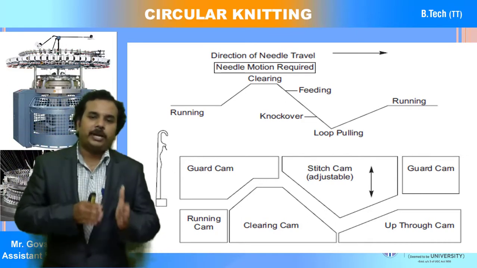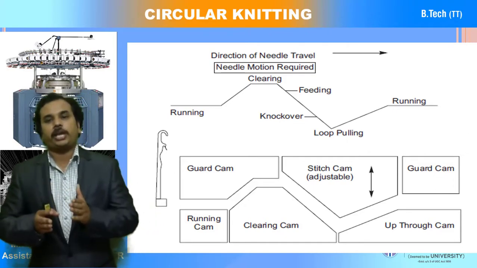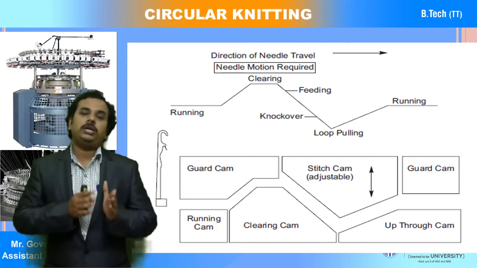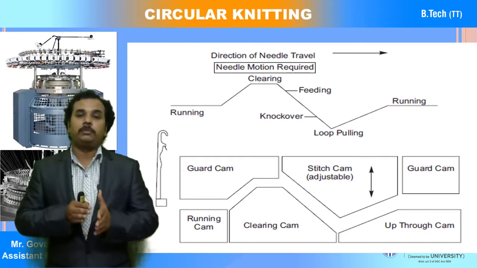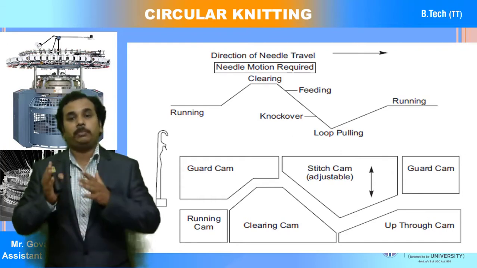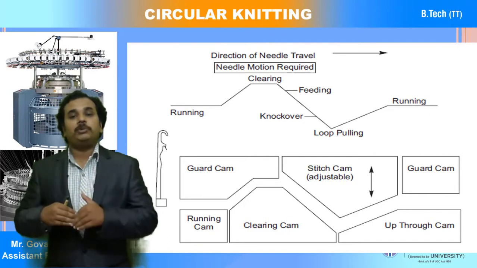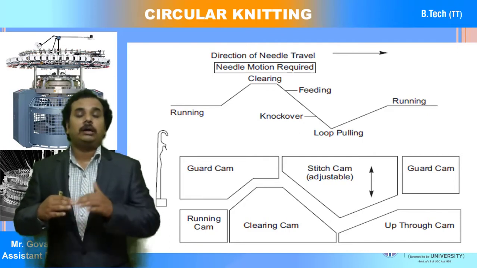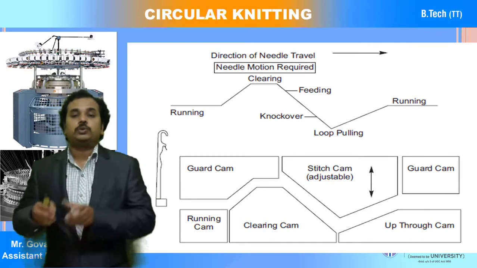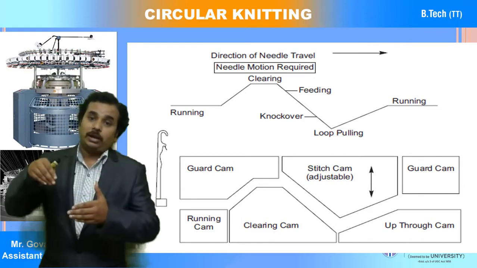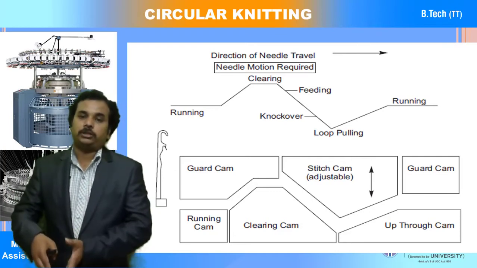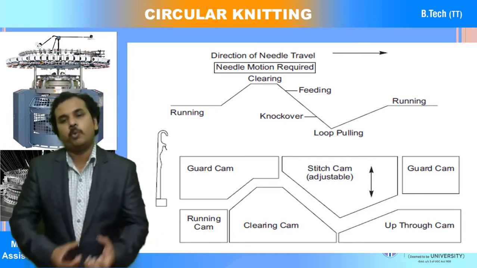Depending upon the clearing cam and stitch cam, the needle is raised up and lowered down. The clearing cam helps the needle to rise up, and the stitch cam helps the needle to lower down. If the adjustable cam or stitch cam has more depth, the loop pulling will be more and more.